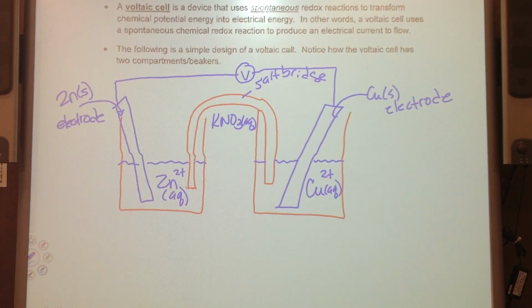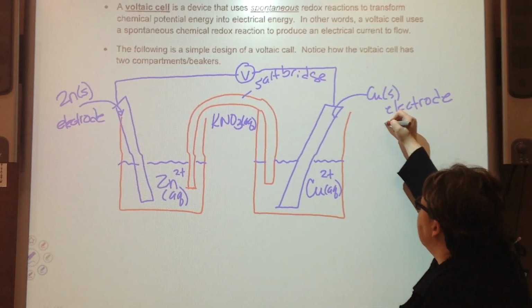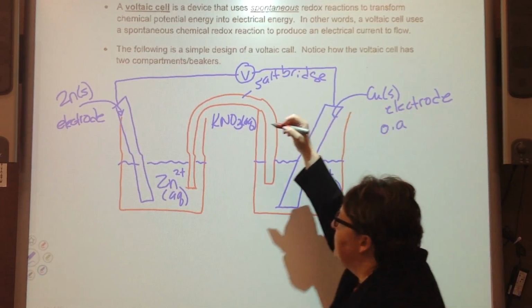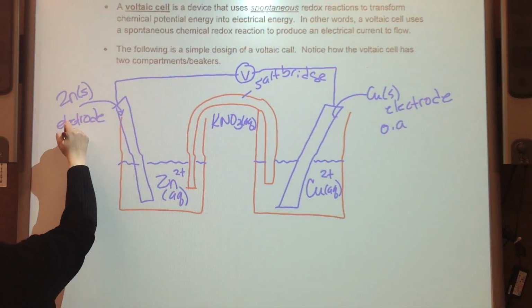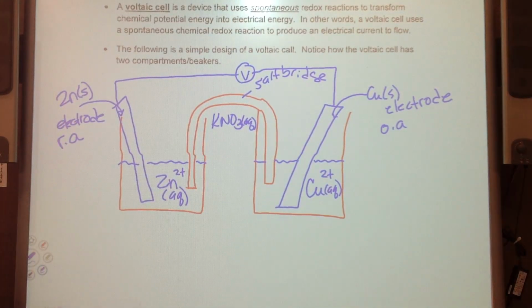So when we look at copper and we look at zinc, which one is the reducing agent and which one is the oxidizing agent? This is a spontaneous reaction, remember. Copper is the oxidizing agent. So that means that this is the reducing agent because it's spontaneous. Okay, it's really key that we remember that part.